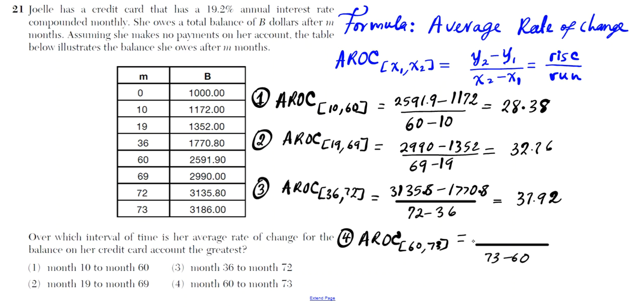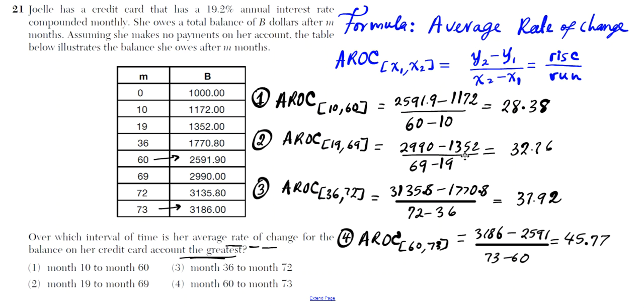And then in the numerator, 73 takes us to y2, 3186, minus 60 takes us to y1, 2591. If you find the difference of the numerator and the denominator and divide, you have 45.77.